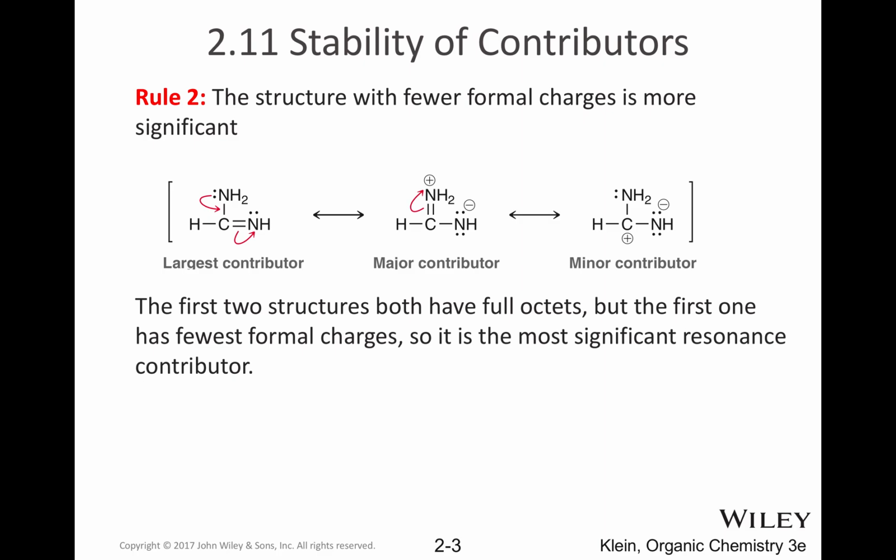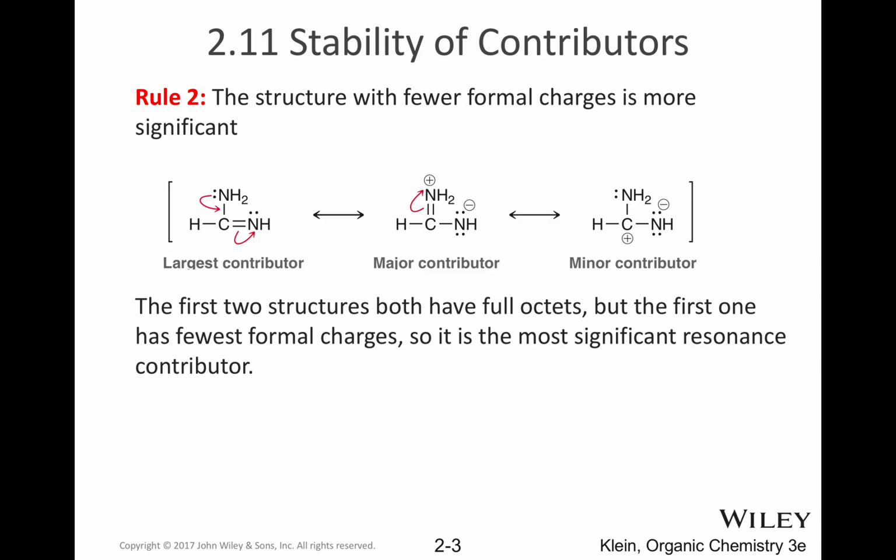Well, because we have a carbon in the middle of the molecule that does not have its full octet. Again, remember, the most important rule is that resonance contributors where every atom has their full octet are going to be the major and the most important.